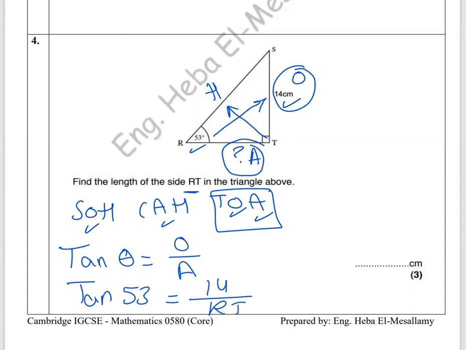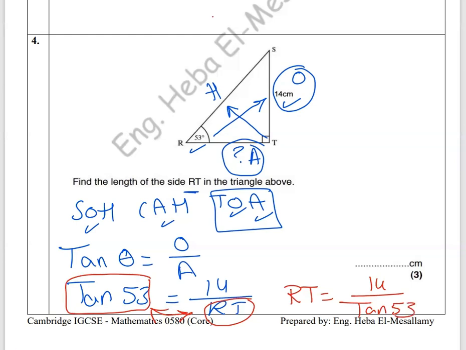In this case, my unknown is in the denominator. So what should I do in this case? The unknown must be in the numerator while solving and should be kept alone on one side. Whenever you find the unknown is in the denominator, you are going to just switch it with everything found at the other side. So I'm going to switch RT with tan 53, which means I'm going to write RT equals 14 over tan 53.